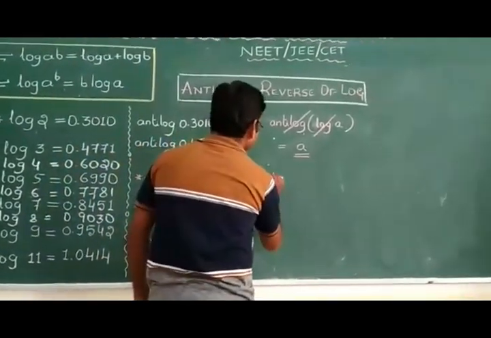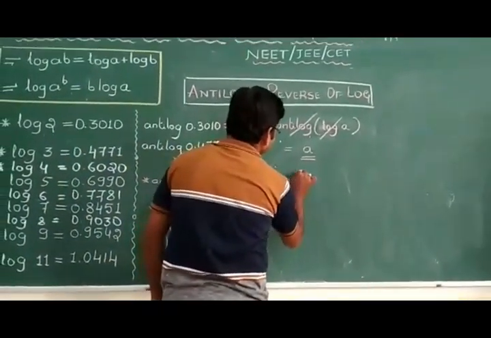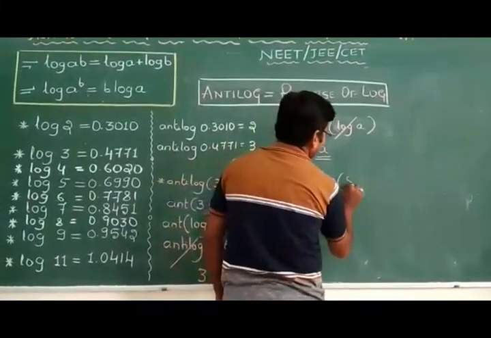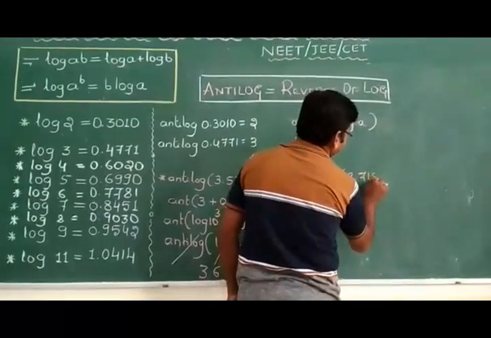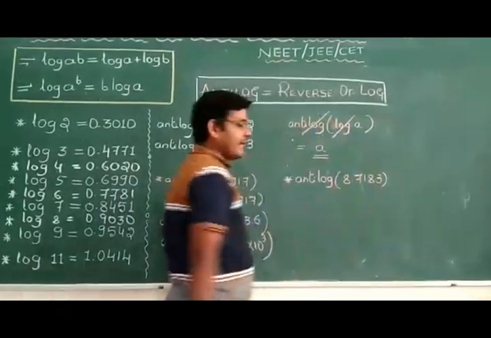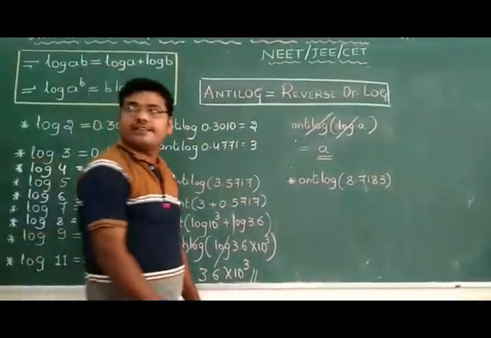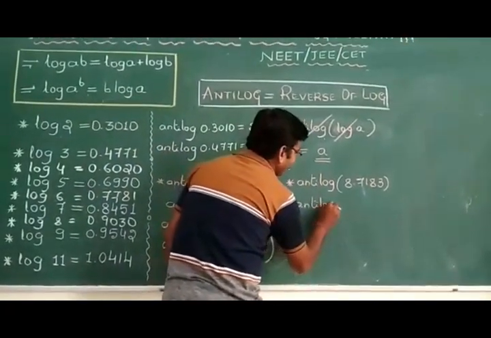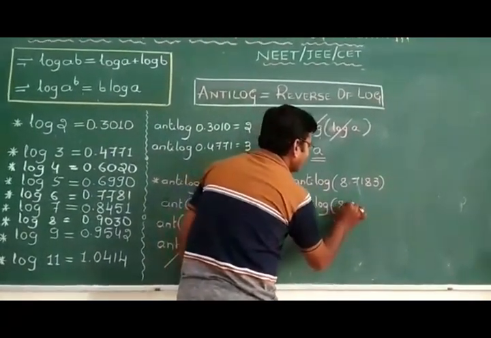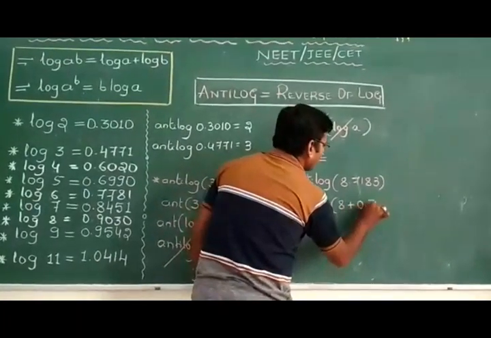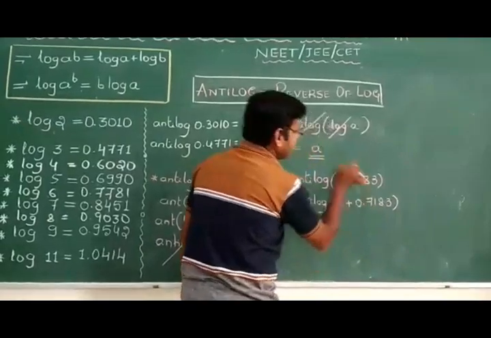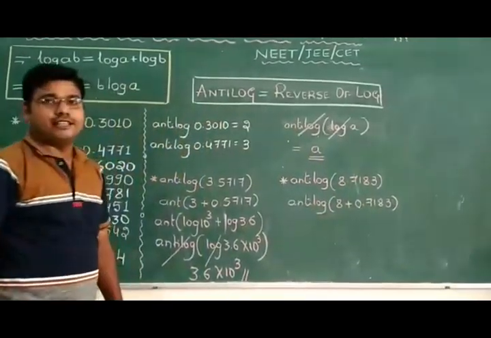Let us take a second example: anti-log of 8.7183. Once again, let us write this in the form anti-log of 8 plus 0.7183. If you add these two, you will get 8.7183 only.